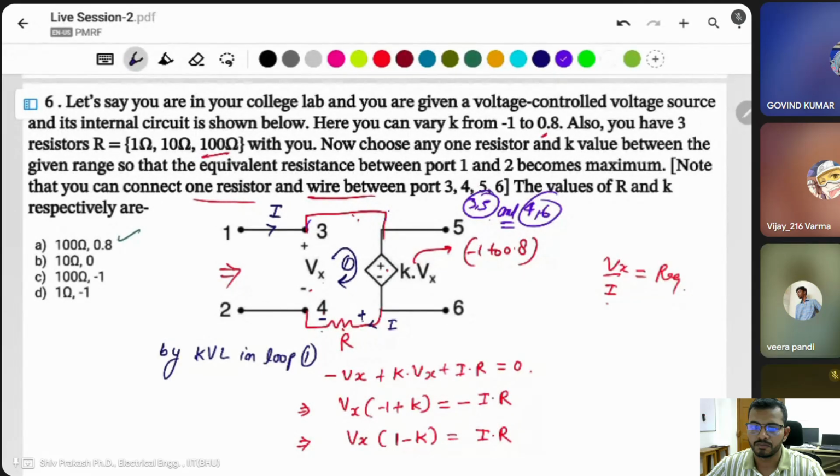This will be mentioned like that only. But as mentioned directly 3 to 5, 3, 5, 4, 6, 3, 4, 5, 6, that's why there is confusion. If they didn't mention the ports, what do we have to do, sir? This type of question, I think there is some confusing question. Whichever possibility is there, then you can connect.